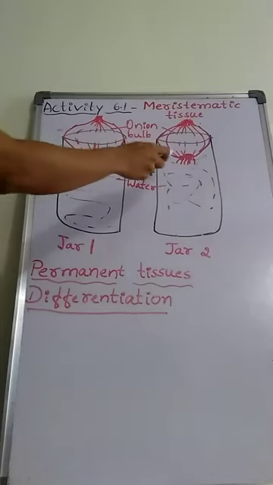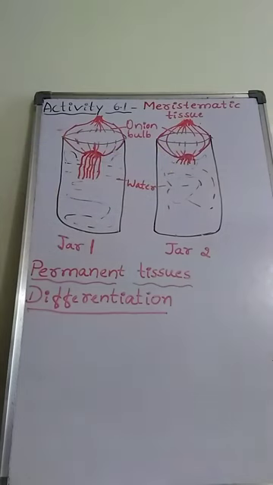Whereas the root of the onion bulb present in the second jar stops growing on the 5th day and 6th day. That means the root of this onion bulb does not show growth, whereas the root of the onion bulb present in the first jar shows continued growth on the 5th as well as on the 6th day.